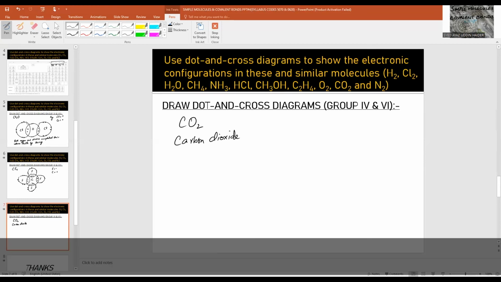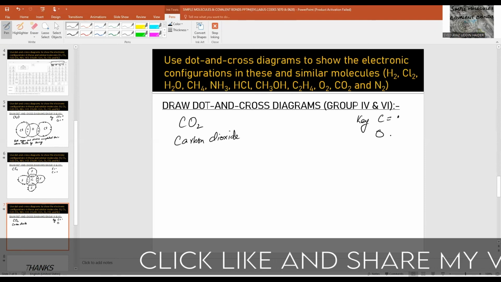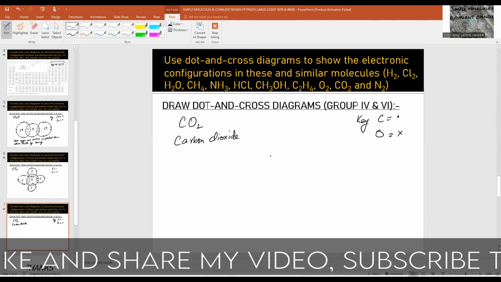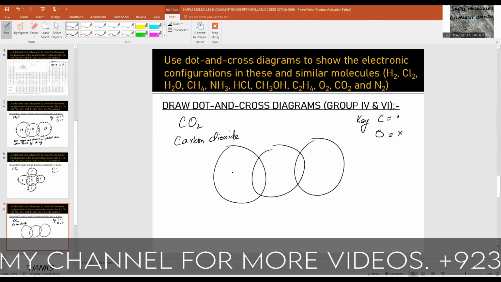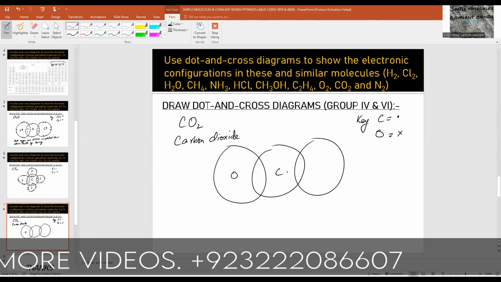So first of all, I'm drawing the key on right hand side. I'm using dot for carbon and cross for oxygen. Here we have carbon in the center and 2 oxygen atoms on right and left side, O, C, O.